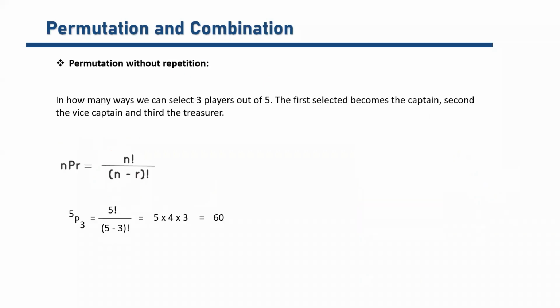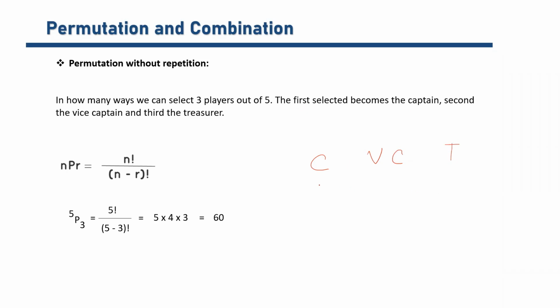Next is permutation without repetition. So for example, in how many ways can we select 3 players out of 5? The first selected becomes the captain, second the vice captain, and third the treasurer, right? Now the entire scenario has changed.